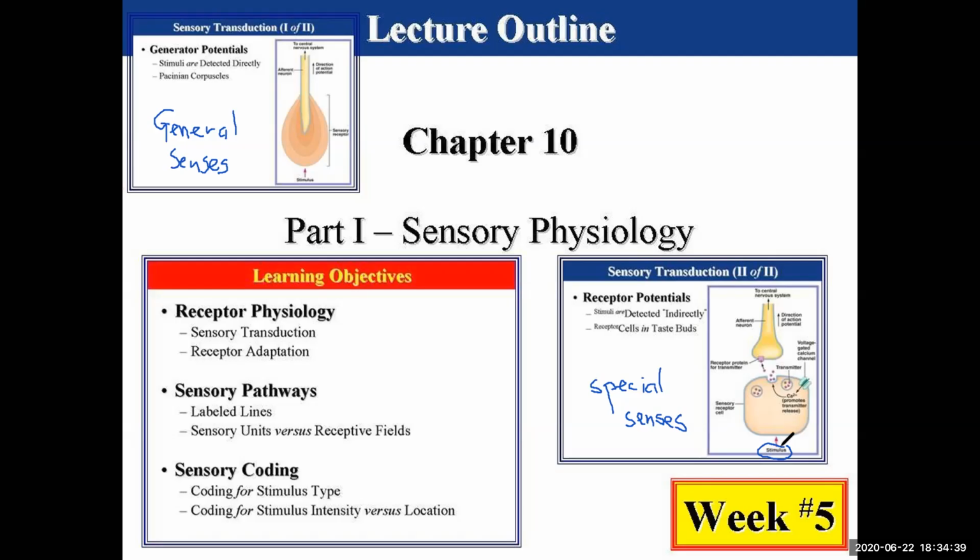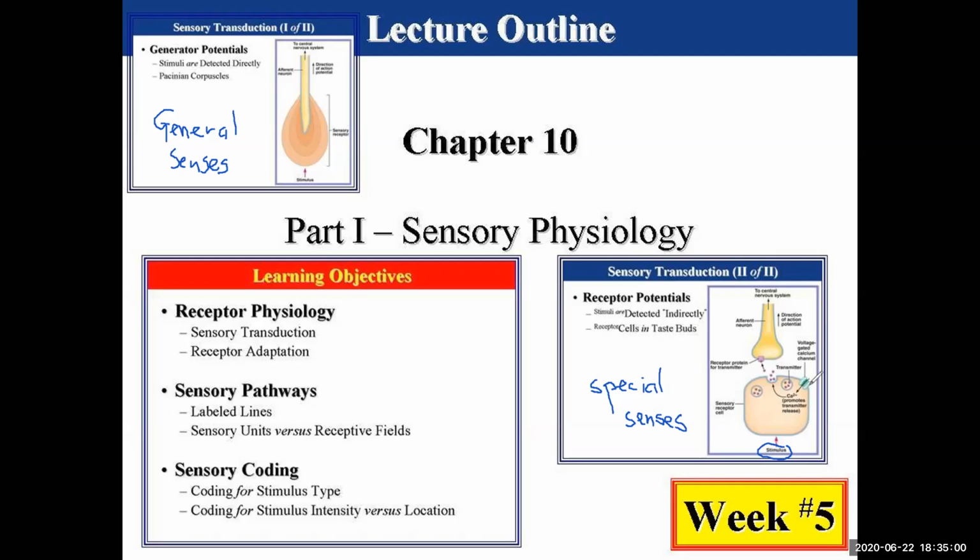So the stimulus here binds to the receptor, and you know the story. It leads to depolarization of the plasma membrane, the phospholipid bilayer of this sensory receptor. That depolarization will activate a voltage sensitive calcium channel.